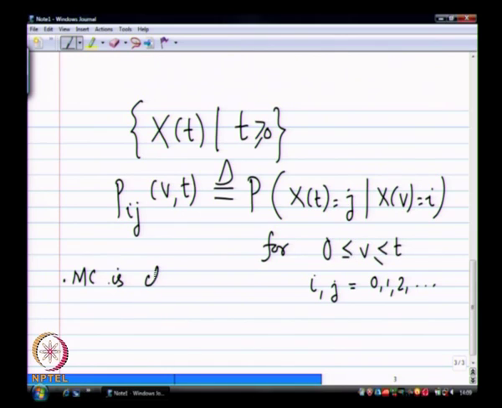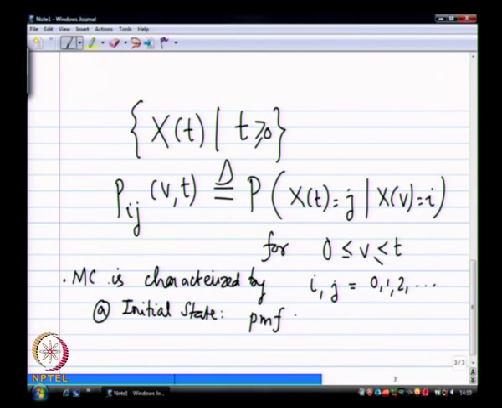So the Markov chain is fully defined by a given Markov chain, right, is characterized by the initial state, in other words the PMF of x at T naught, so T naught is the initial time, and what is the probability that x will take any one of these umpteen values, right.